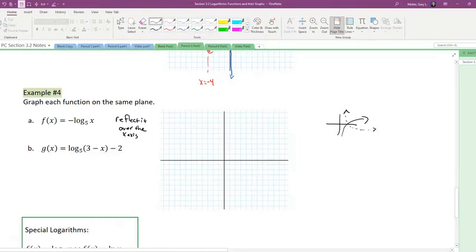So I plug in 1, log base 5 of 1 is going to be 0. I'm going to go out to 5. 1, 2, 3, 4, 5. And normally I'd be at a height of 1, but I'm going to make that negative, so it's going to be at -1.